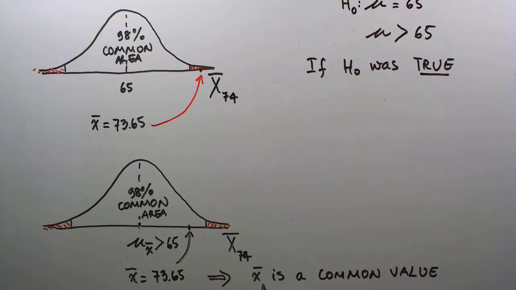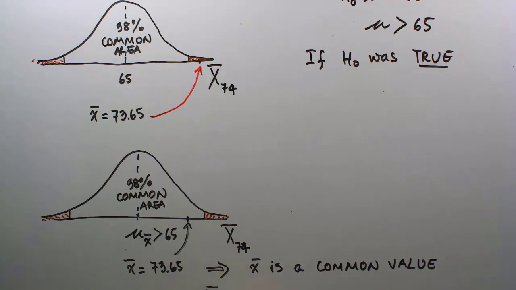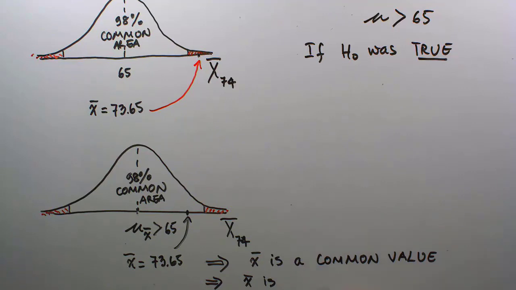And so, making x bar a common value means x bar is no longer strong evidence. To be straightforward, if x bar is inside the common area, then x bar is not strong evidence. It's not providing strong evidence.